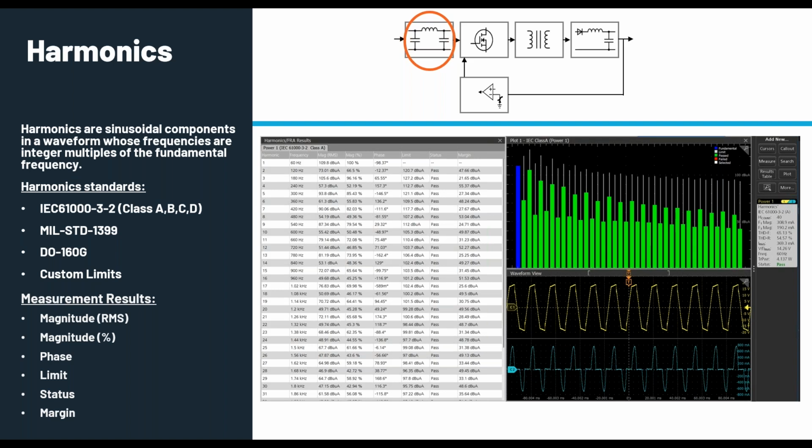So that's why it's very important to measure the harmonics and make sure that they are not exceeding any of the limits.